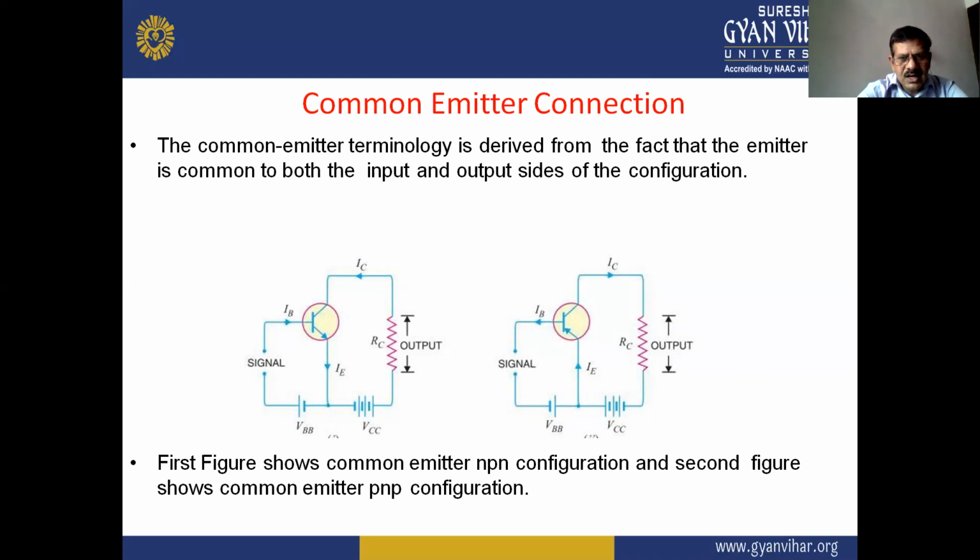So the emitter is common between these two circuit diagrams, between the input and output side of the configuration. So this is the circuit diagram of the common emitter configurations.